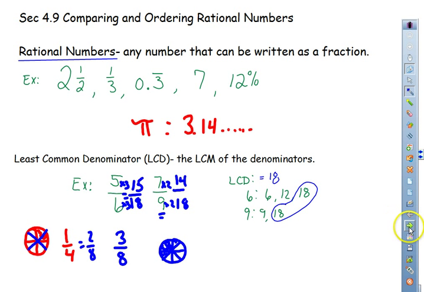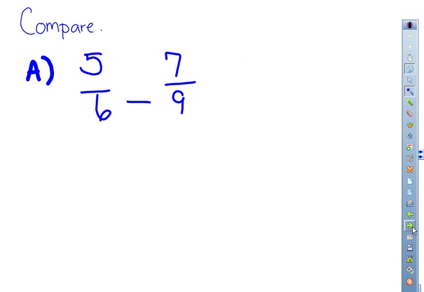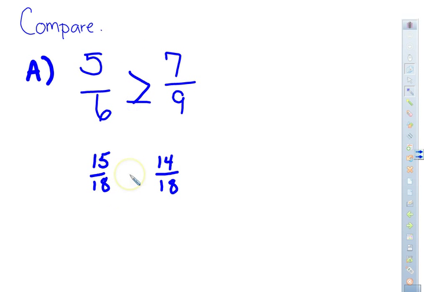So let's look at our next slide, and again we're comparing 5/6 to 7/9, which is what we just did. Since 5/6 is equal to 15/18, and my 7/9 was 14/18, therefore 5/6 is going to be larger.